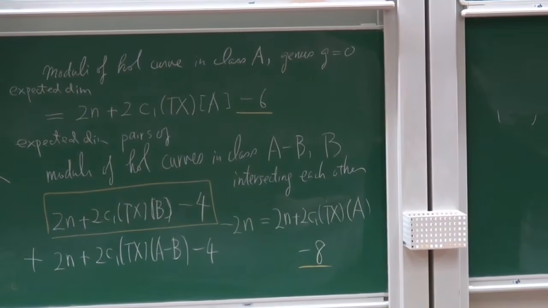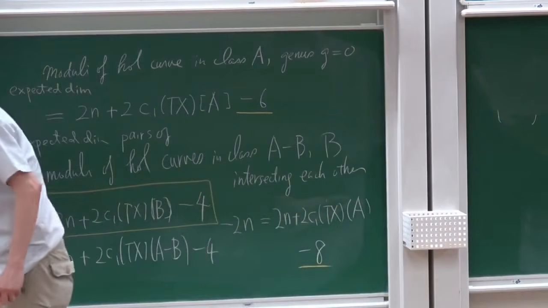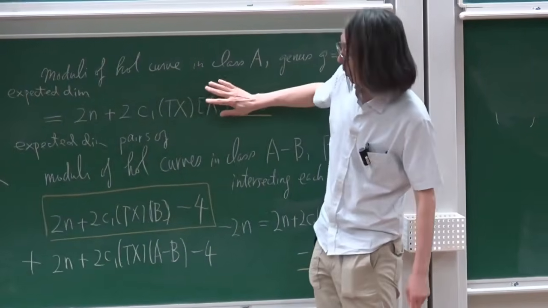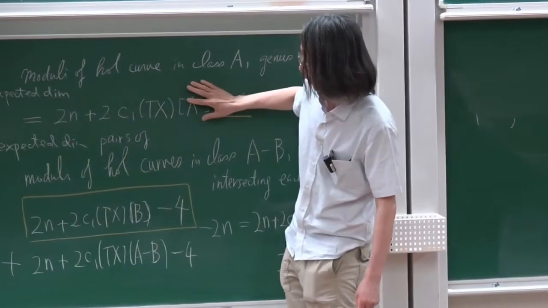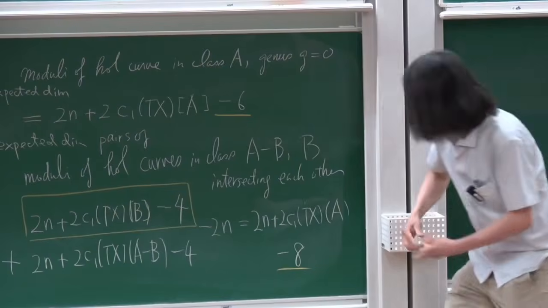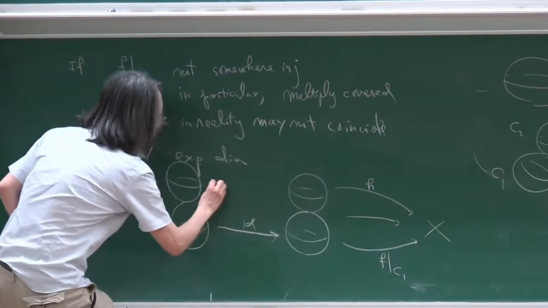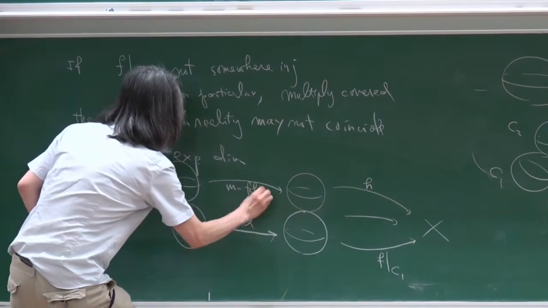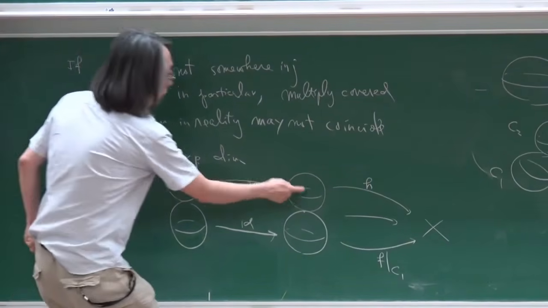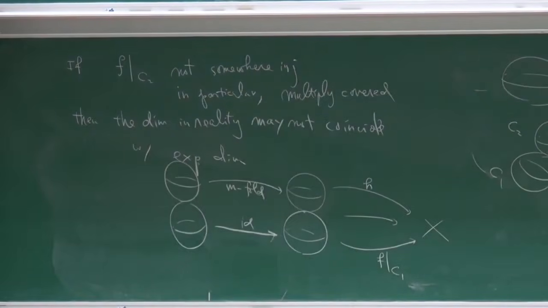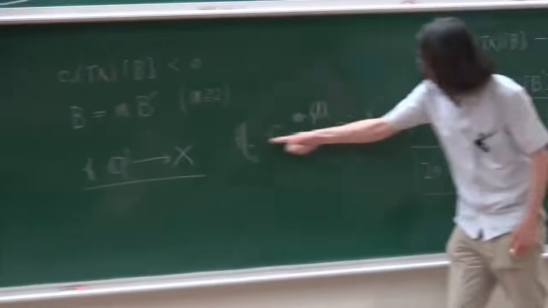So the expected dimension of this one may not be smaller than this, because this differs by 2, but because this is bigger than this, it may be. And once you have such a thing, then we certainly have a map like this. If you compose this, you have this one, like f.